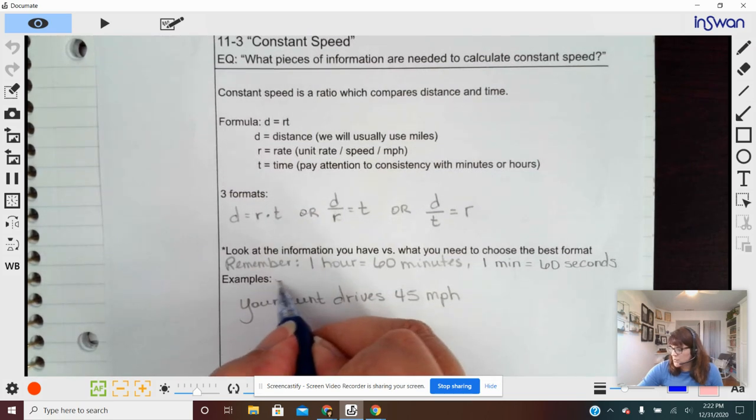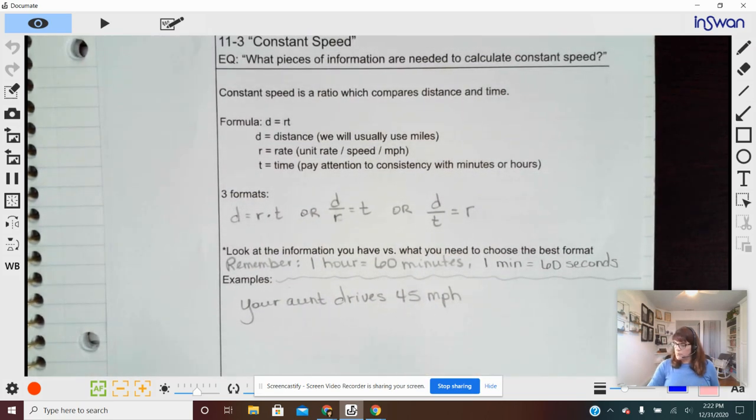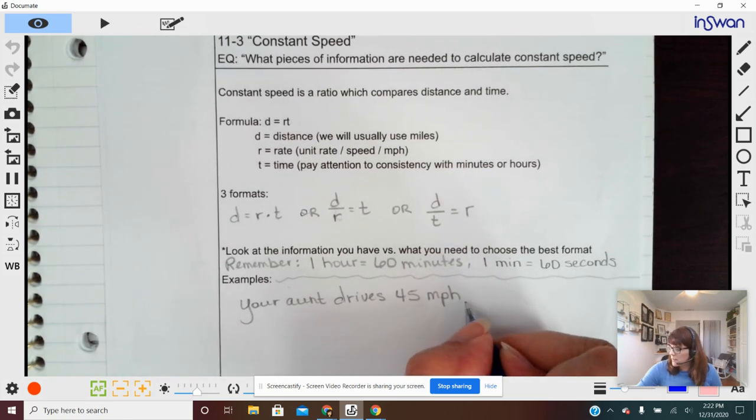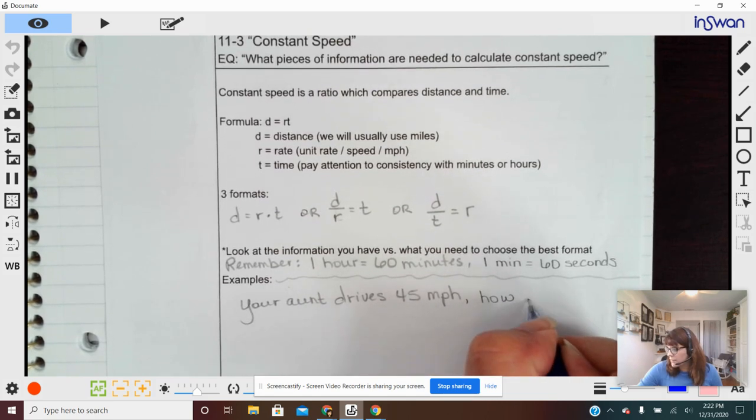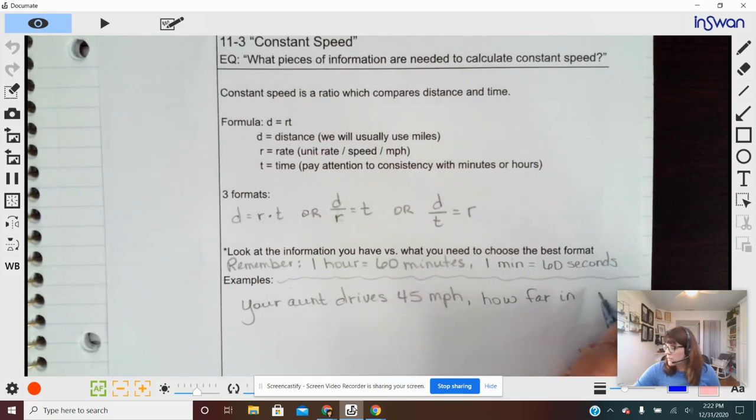Okay, I'm going to hope there's a reason for this because 45 is kind of slow, but on a mountain road, that might be legitimate. And we want to know how far in 20 minutes.